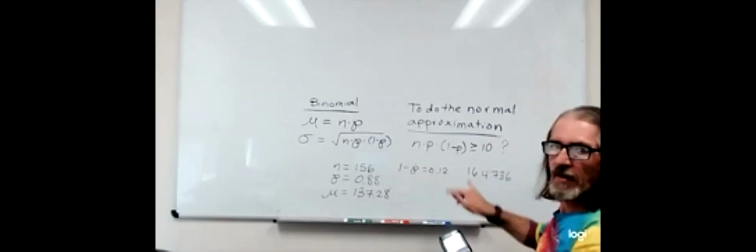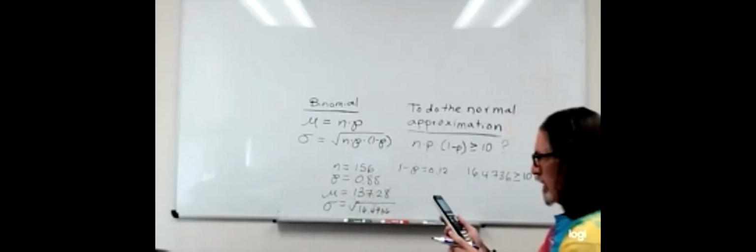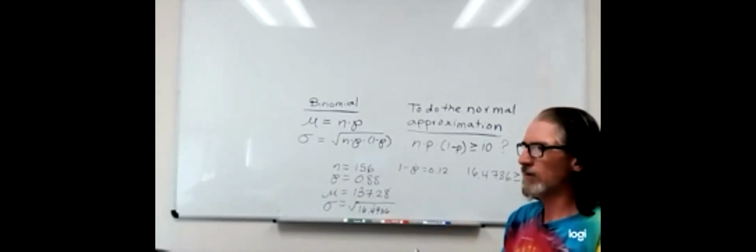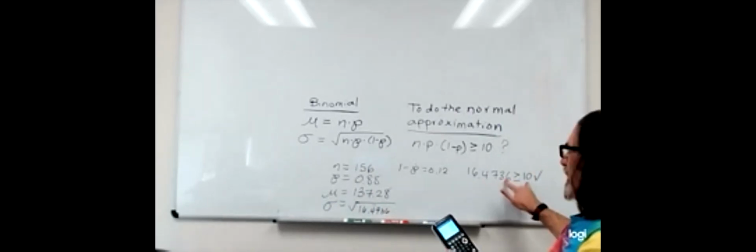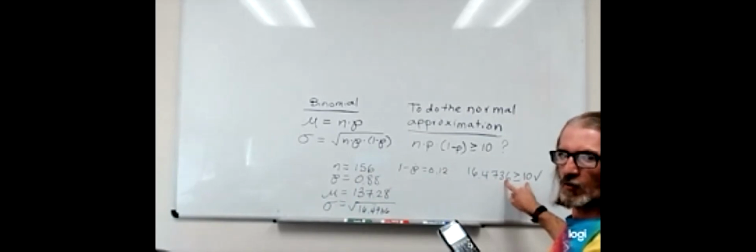So I'm getting a variance of 16.4736, and that is greater than or equal to 10. So my standard deviation is going to be the square root of that 16.4736. And back here, we were finding that, yes, it's okay to use the normal approximation.